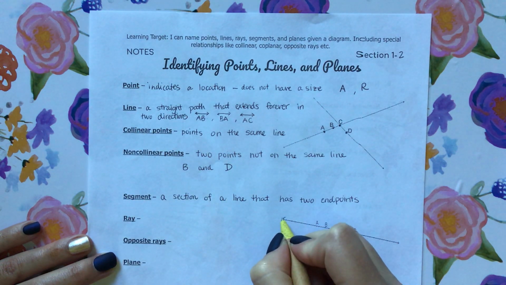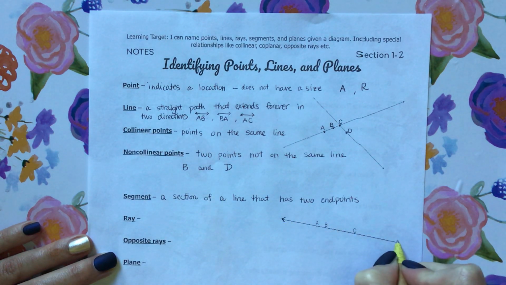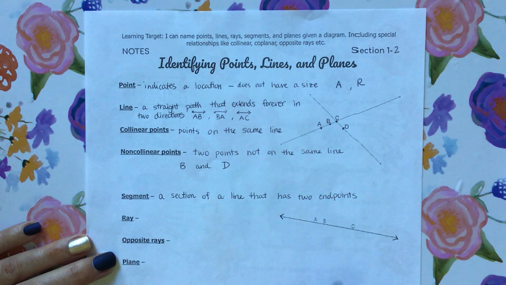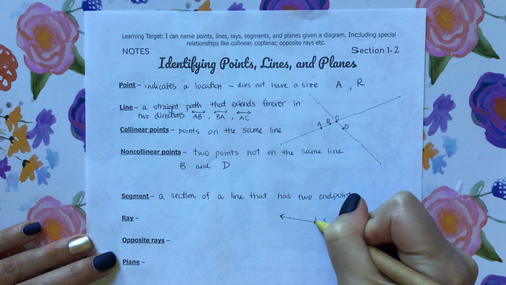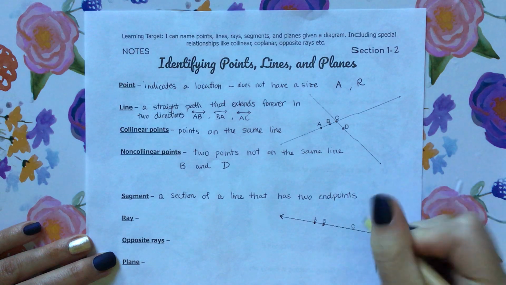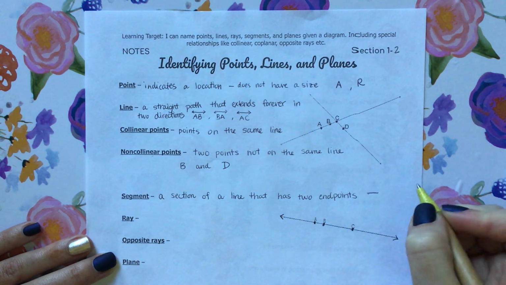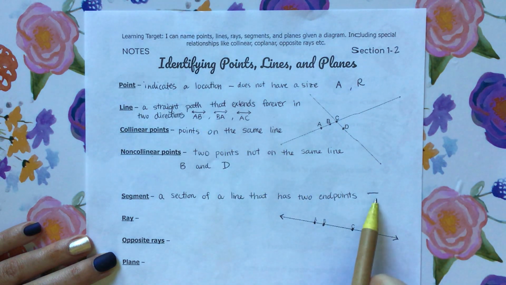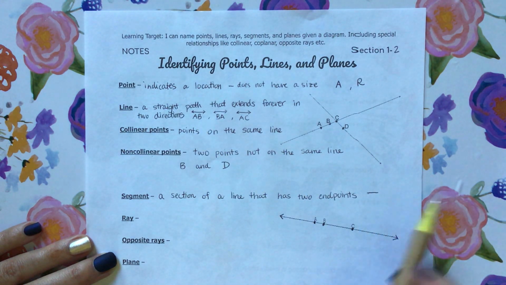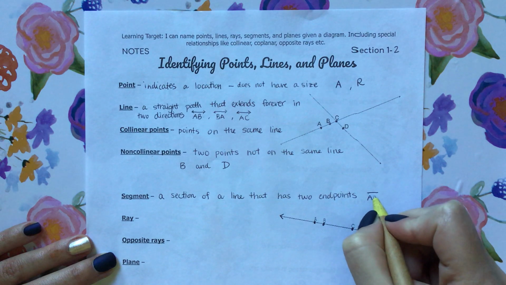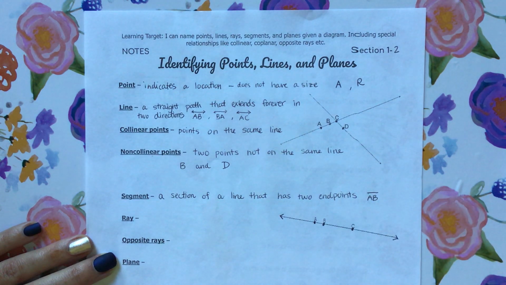I'm gonna make this a little darker because it's kind of hard to see. There's arrows, and then we have point A, B, and C. When we are denoting this in symbols, if we want to say segment AB, well, it's similar to the line symbol, but now we just leave it plain. We don't put arrows on the ends. So segment AB.